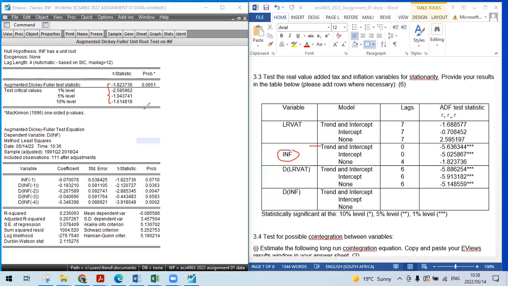Let's move on to the first digit. If you compare -1 and -2, -1 is obviously greater than -2. So this can never be stationary at the 1% level of significance. So this one is out. Are we together? 1 star.